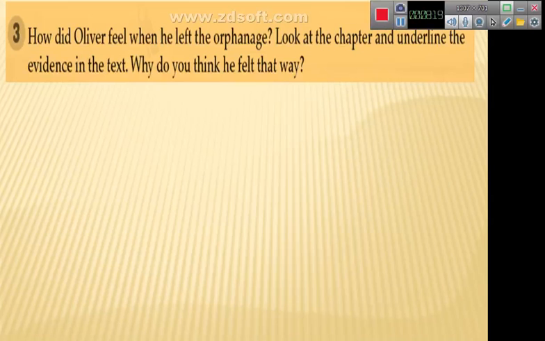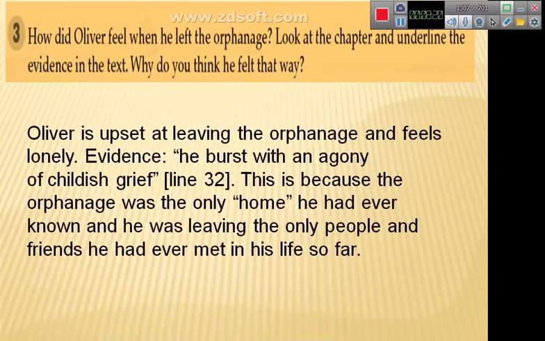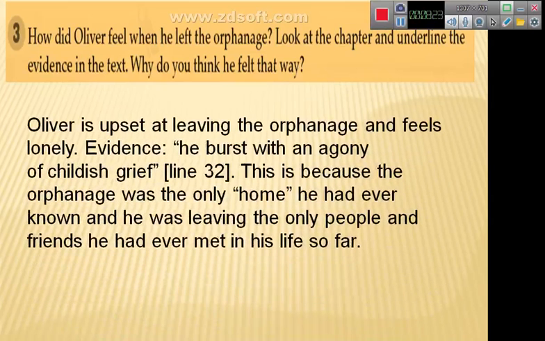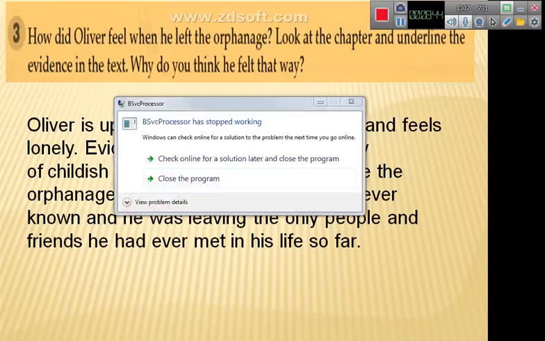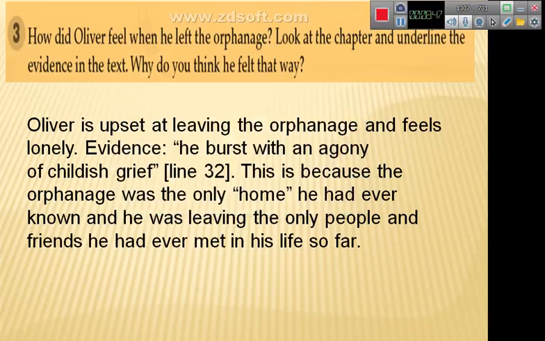Look at the chapter and underline. Oliver is upset at leaving the orphanage and feels lonely. Why? Because he will miss his friends. As you see, the only home he had ever known, and he was leaving the only people and friends he had ever met in his life so far.